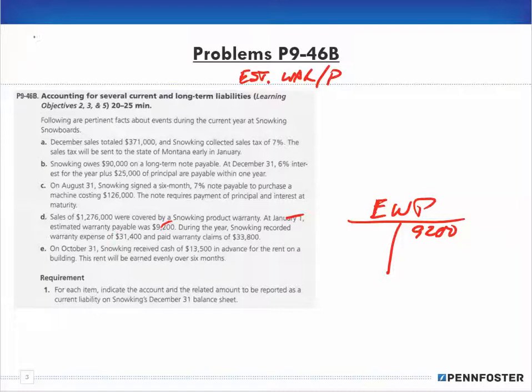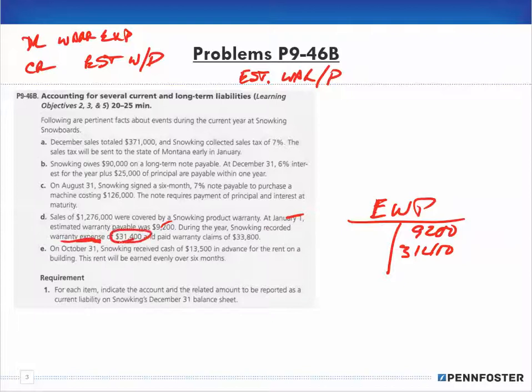I'm not going to go over how to calculate estimated warranty, but when you make that estimation, you're going to debit warranty expense, and you're going to credit estimated warranty payable, all right. So we're going to credit the warranty payable for $31,400 because we recorded the warranty expense of $31,400, right?